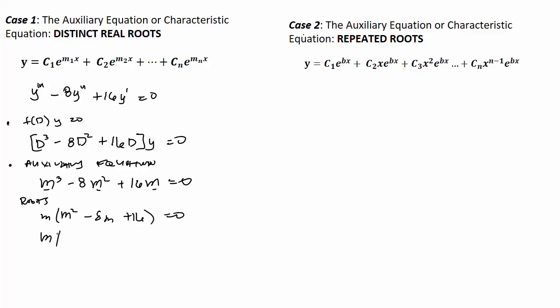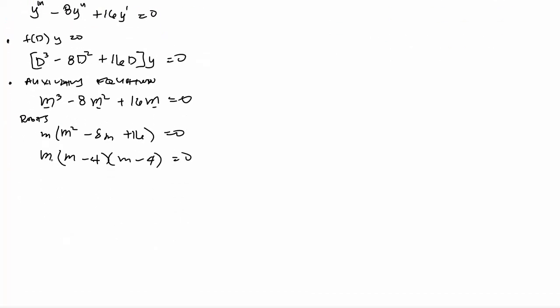So we have m, minus 4 and minus 4, right? So please check this answer. So we have here m, m minus 4, m minus 4, or m minus 4 squared.